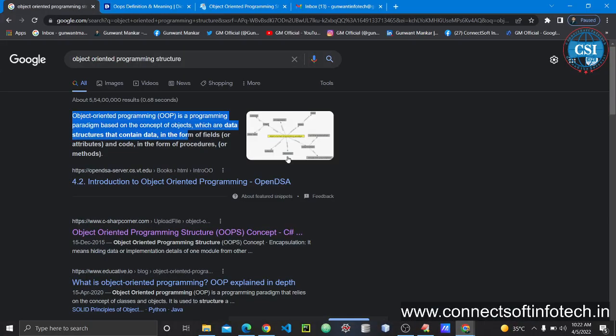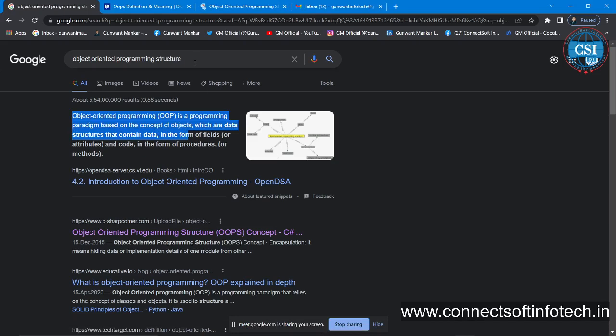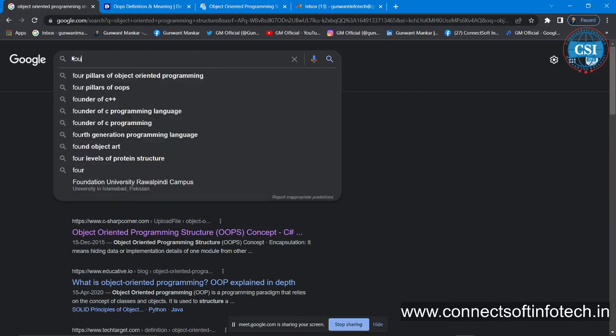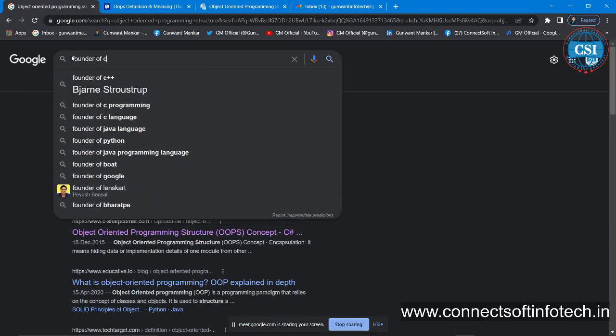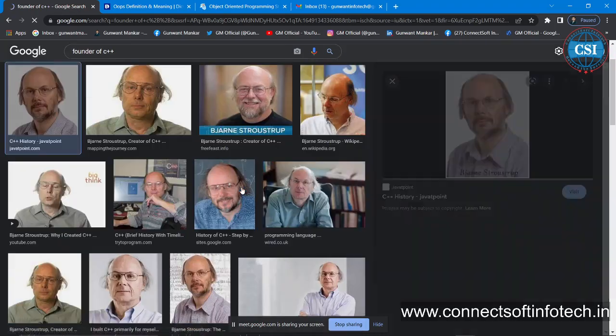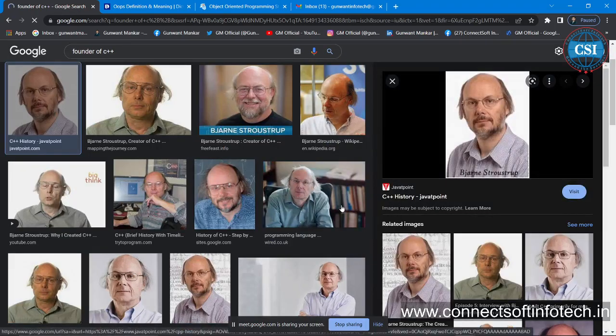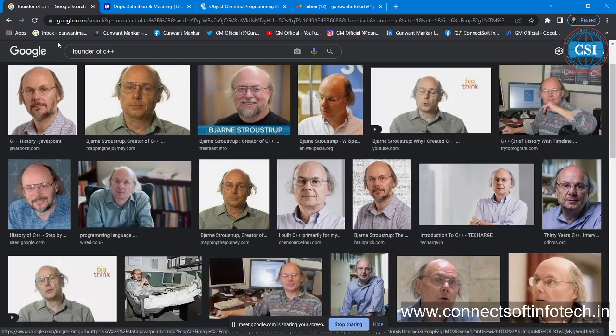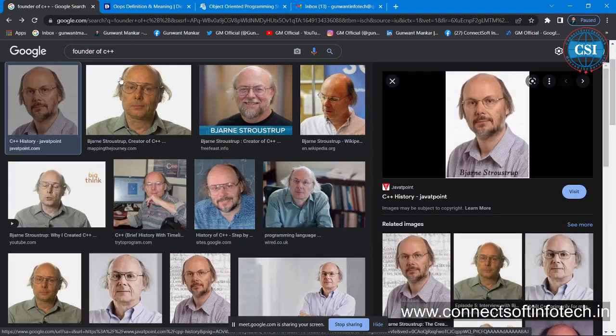You can check where it was developed: AT&T Bell Laboratories, the same Bell Laboratories. Search Google for the founder of C++: Bjarne Stroustrup is the person who developed C++, the object oriented programming language. You can see the Wikipedia.